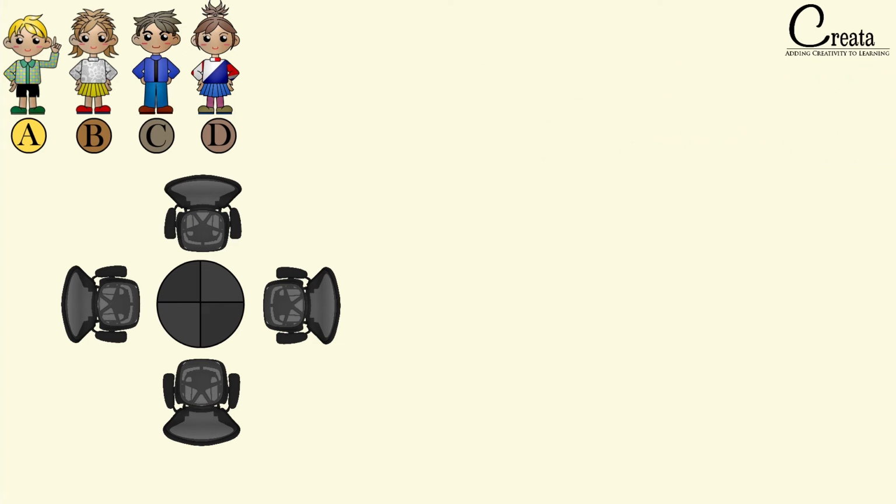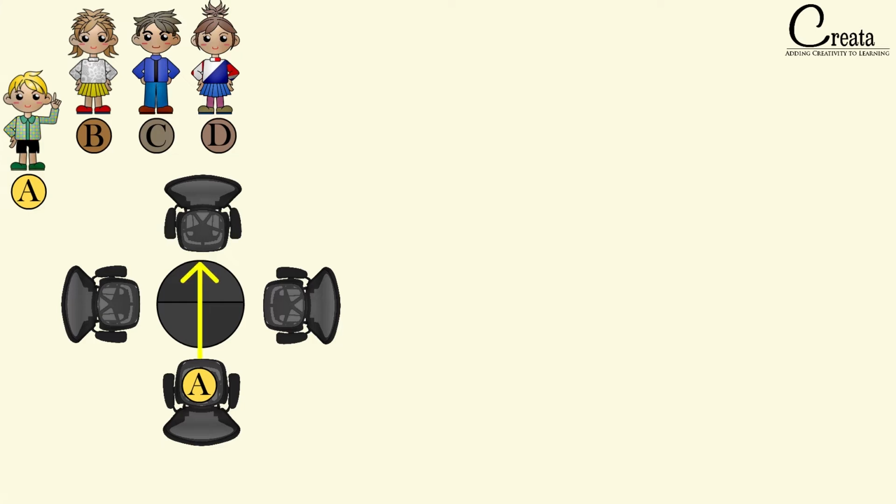Suppose the person A comes forward and decides to sit in any of the 4 locations. He is having 4 options. That is, either he can choose this position, this position, this position or this position. Basically, if this person decides to sit at this position, he will say he is having 1 chair in the front, 1 chair in the right and 1 vacant chair in the left. Okay? And if he decides to sit at this location, the option will be same.